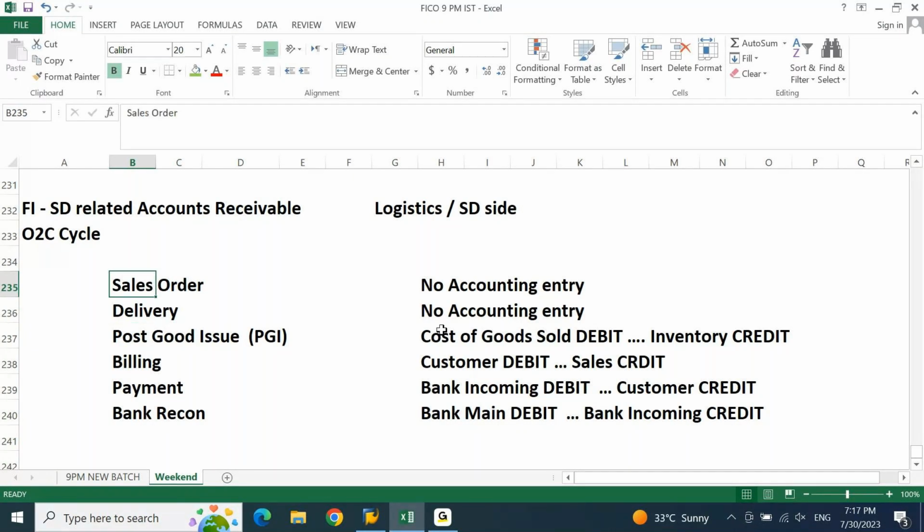Based on the sales order, you need to first do the PGI. Before you deliver to the customer, you need to pick the product from your stock. For that, you must know which product to be picked, and what quantity.